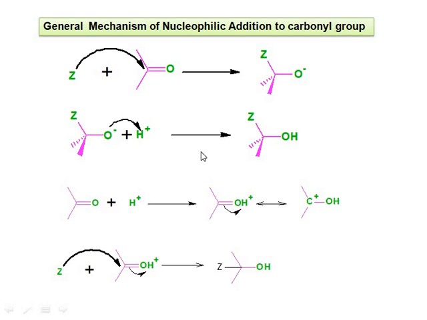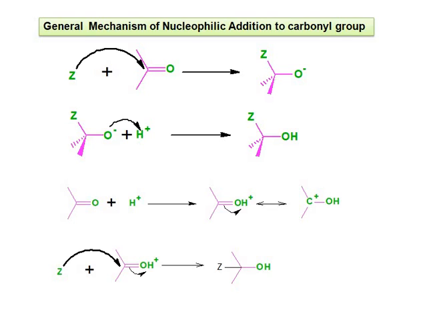The carbonyl carbon is electrophilic in nature, therefore the nucleophile attacks this carbonyl carbon to form a negative charge on oxygen, and then this negative charge on oxygen picks up the proton from the acid and converts to OH. So this is one type of mechanism.